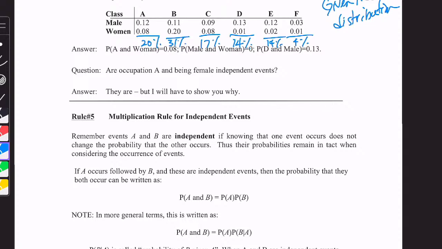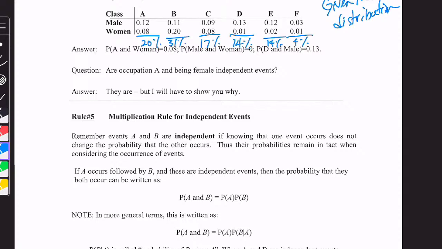Because you're assuming the probabilities stay the same, whether you're male or not. But if you switch, what did I just say? If you don't switch, that means that they are independent. You think that they are independent.